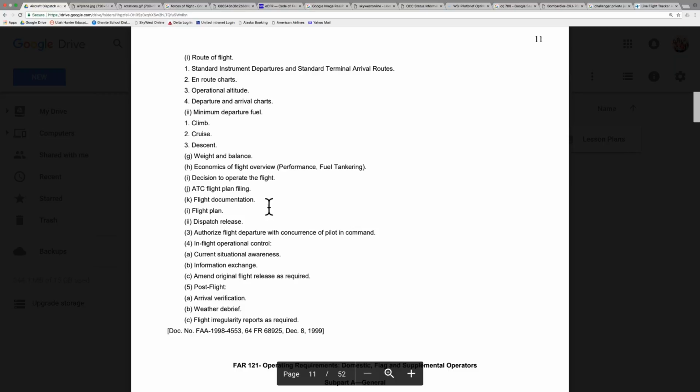If there's something we do wrong at our job, that tends to be probably the number one thing: either not listing an alternate when it was required or something of that nature. It's pretty serious, it could potentially affect the safety of the flight if we're not making sure that it's a safe place for the airplane to land. So that's something we're going to spend a lot of time on, and you guys will hopefully get a lot of practice.